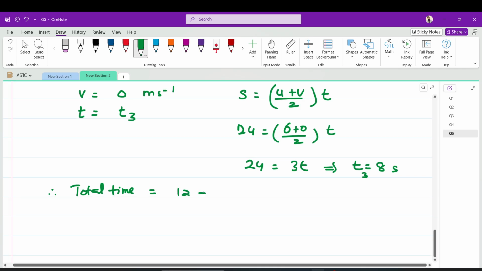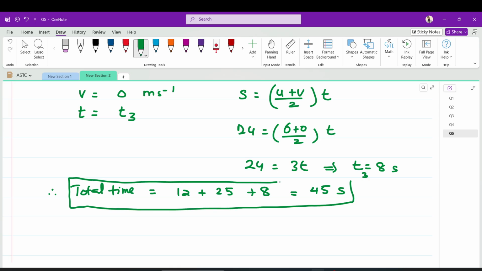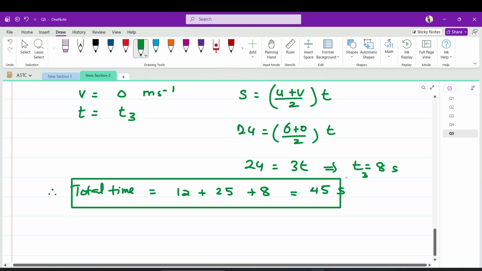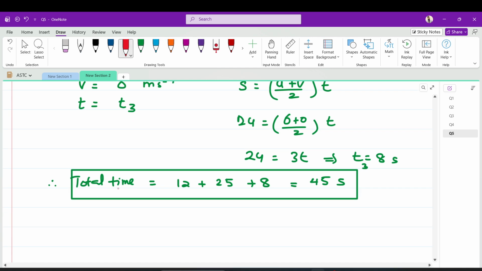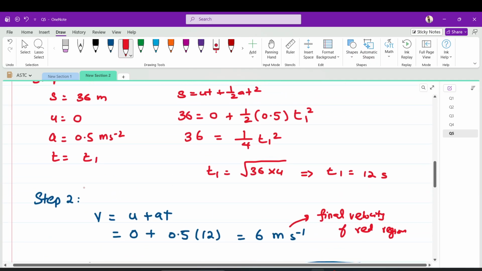So 12 plus 25 plus 8 equals 12 plus 8 is 20, 20 plus 25, that is 45 seconds. Okay. That is the answer to part 1 of the question. Let's move to part 2 now.